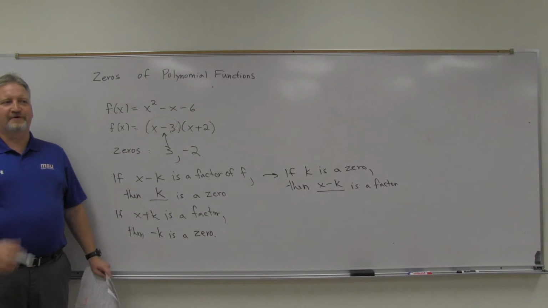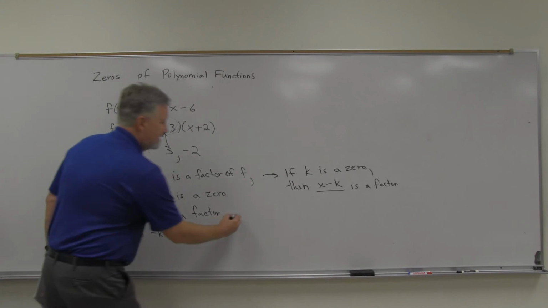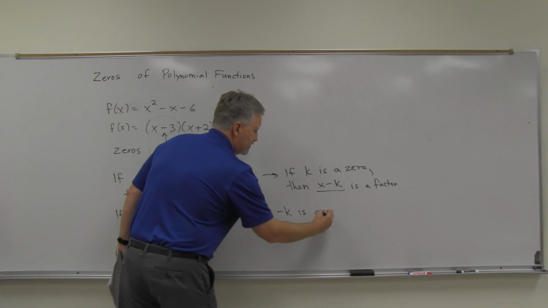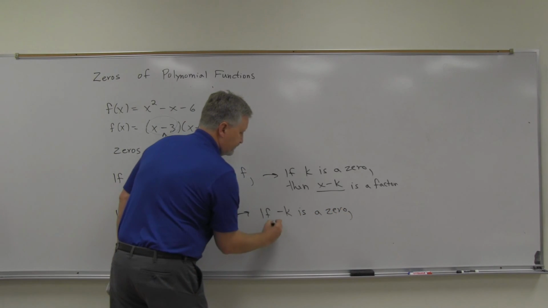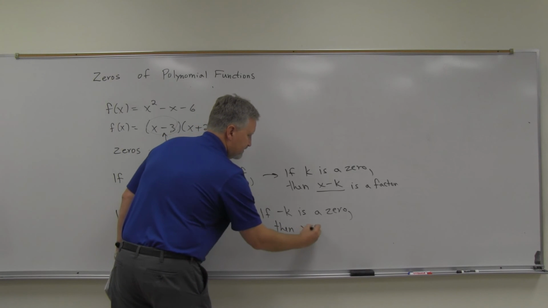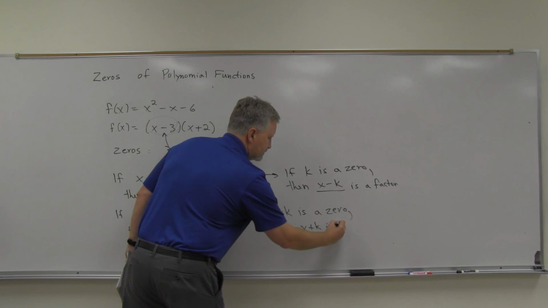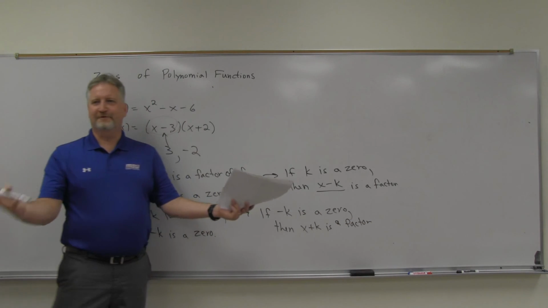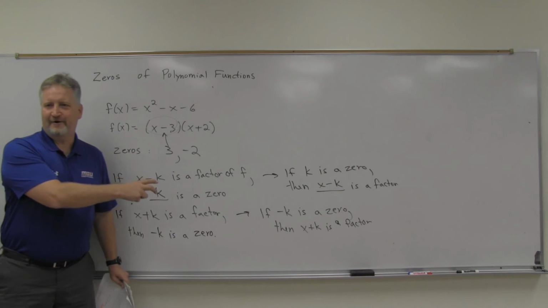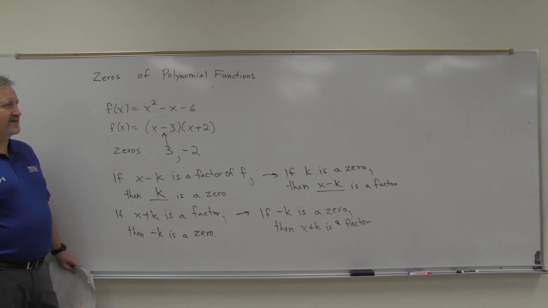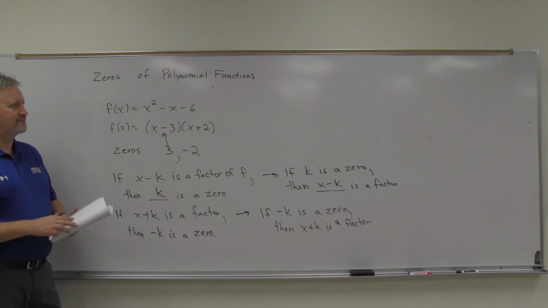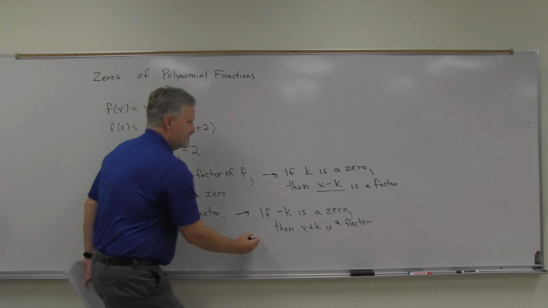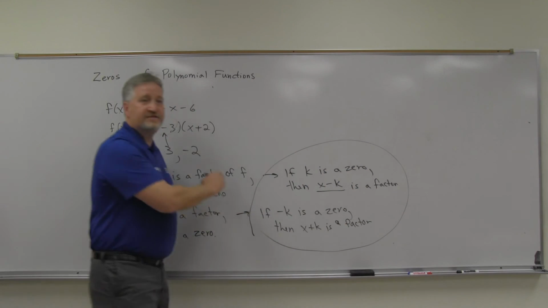That's really what I'm going for here because of what we're going to do next. If negative k is a 0, it's really saying the same thing, but then x plus k is a factor. So the converse works too. And that's really what we're going to need for the next round of problems that I'm going to talk about. You with me there? Any question about that? Is that okay?